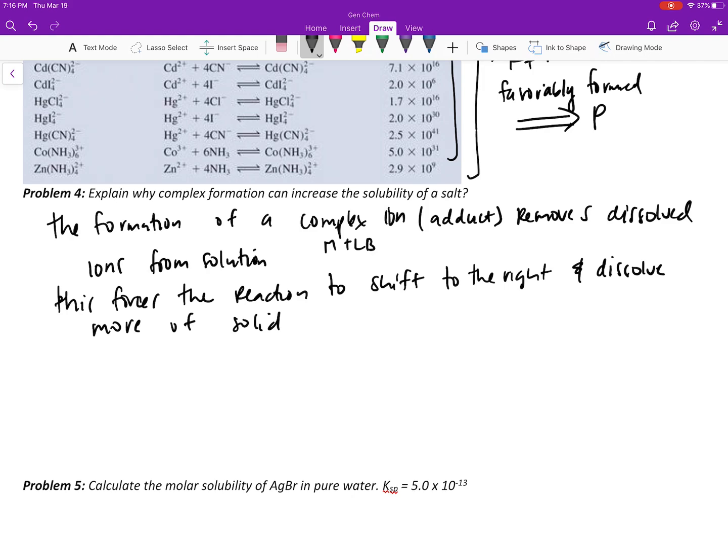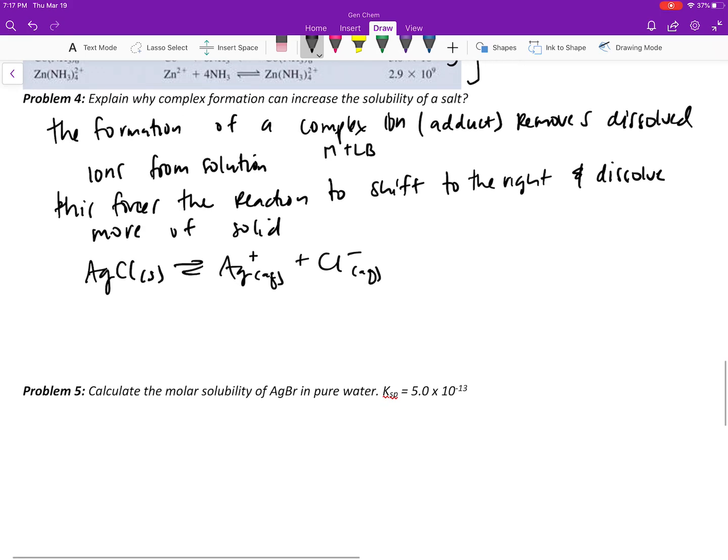So for example, if we had AgCl, and this is its solubility, breaking apart into its ions. And if I start adding ammonia, well, the ammonia is going to react with the silver because it's a metal and it's a Lewis acid.